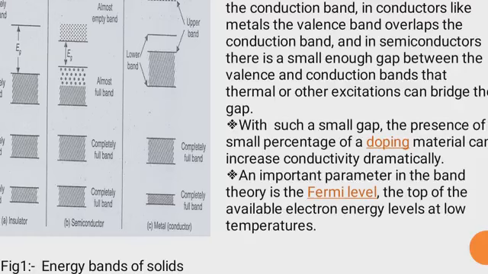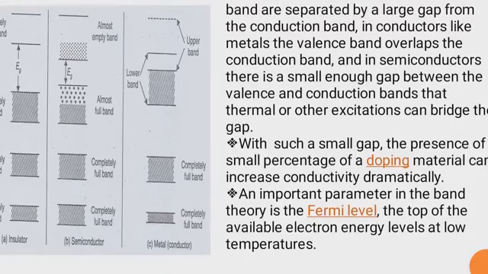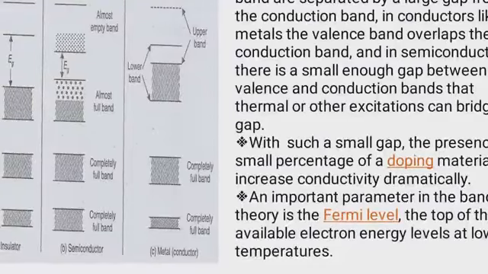Before going to the band structure, we assume that the VB is always filled up or always full, and the CB, or the conduction band, is empty, where electrons are jumping, due to some external excitation or without any external excitation. I can say that they will jump at any room temperature.